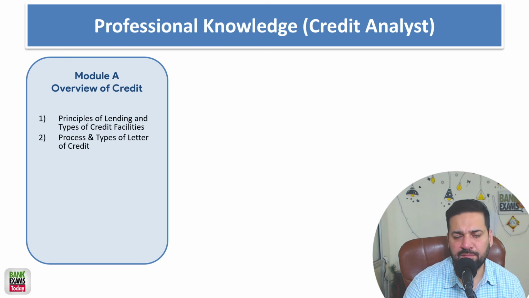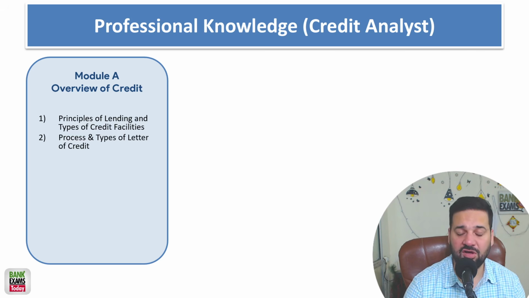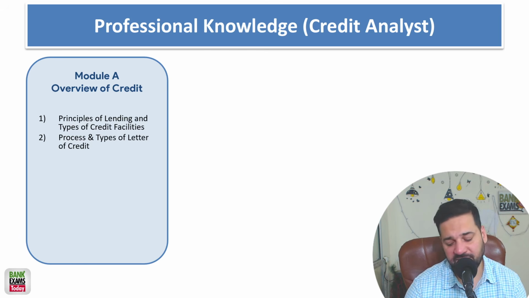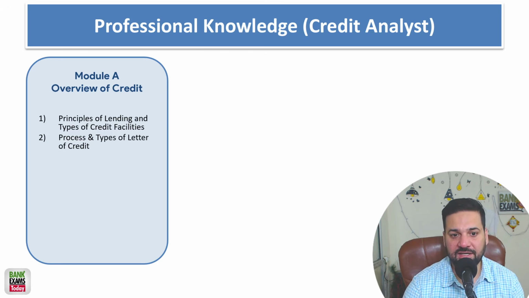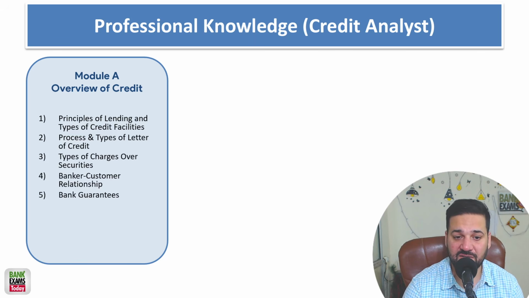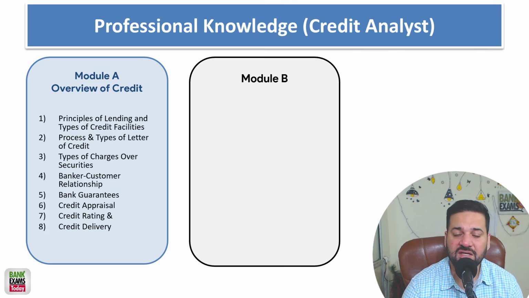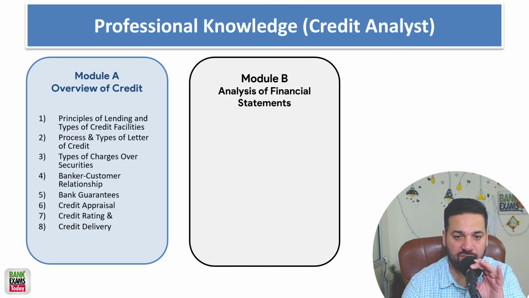So there are proper RBI guidelines for letter of guarantees, for KYC, for exposure norms, for Basel norms, for priority sector lending. We need to cover that, right? Types of charges over securities, banker customer relationship, bank guarantees, letter of credit, credit appraisal, credit rating, credit delivery. So this is the syllabus for overview of credit.